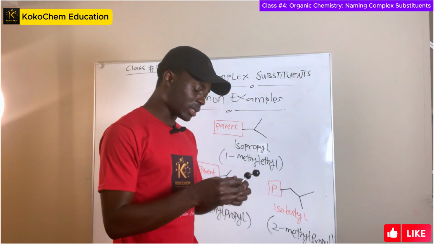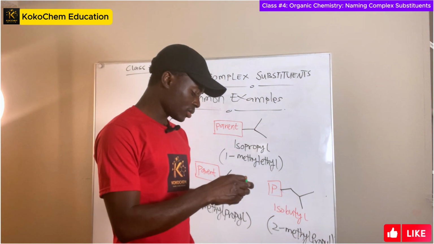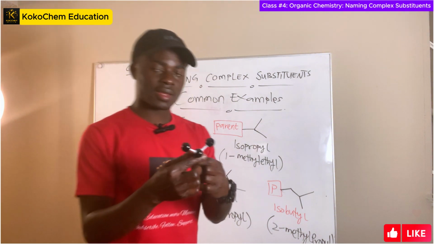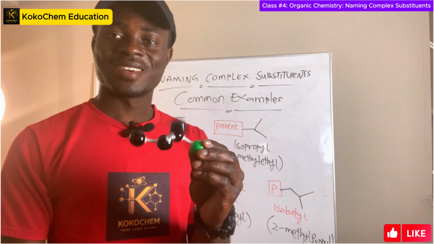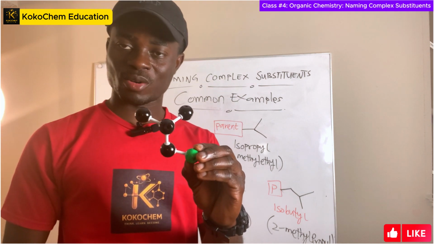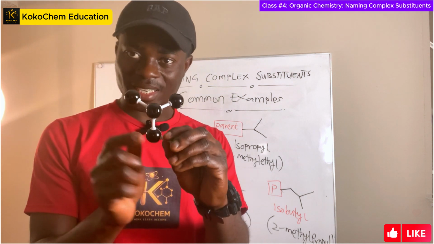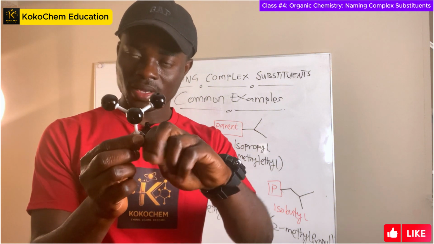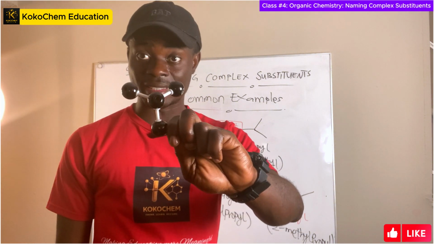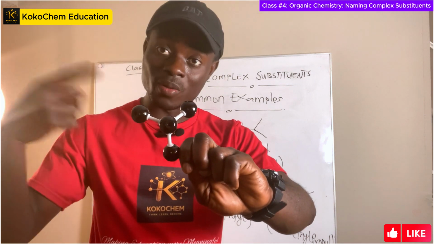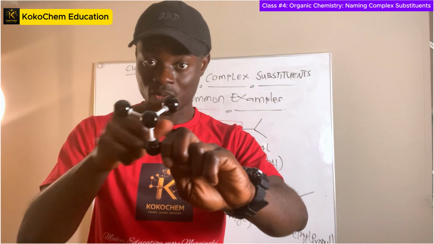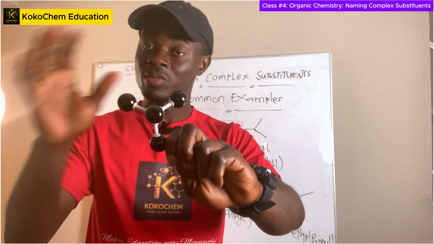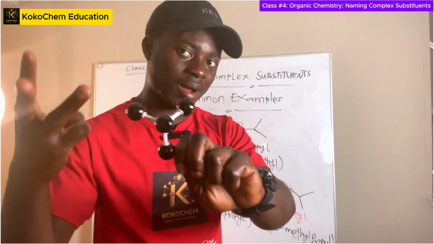Then it's connected to this arrangement. This is the parent. If you count the parent now, it will be iso. Then with iso, we get isopropyl when it is 3 carbons.